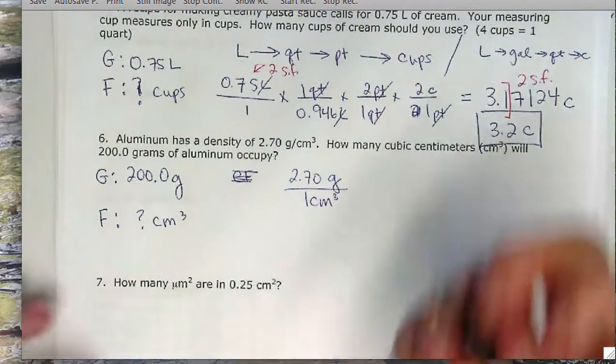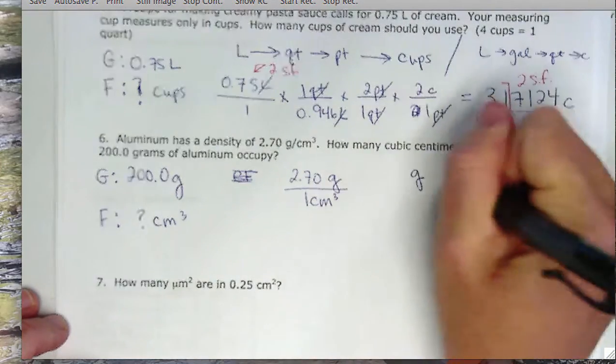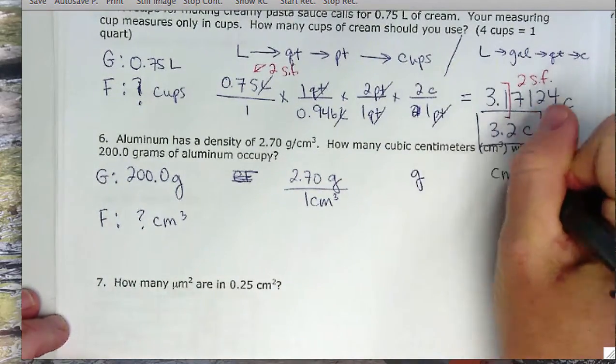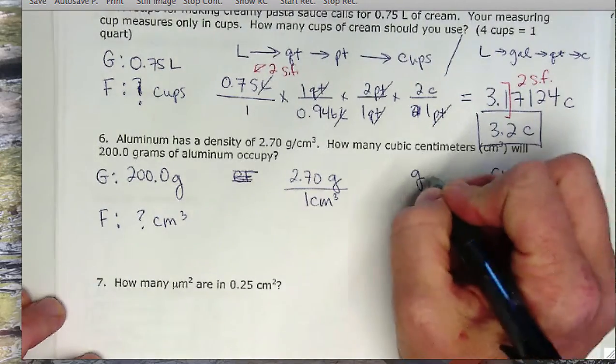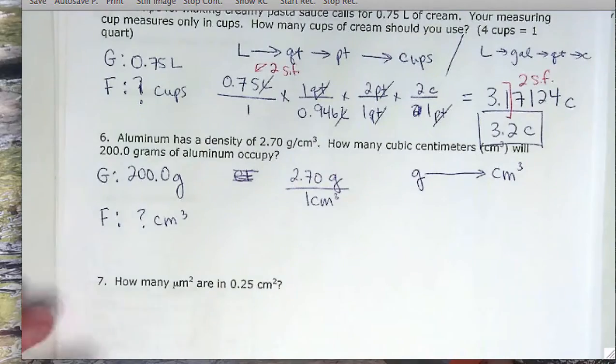Our solution map starts off in grams, and you're trying to get to cubic centimeters. You have a conversion factor that goes directly from grams to cubic centimeters. It's right there in front of you, but if you get busy panicking, you won't see it.